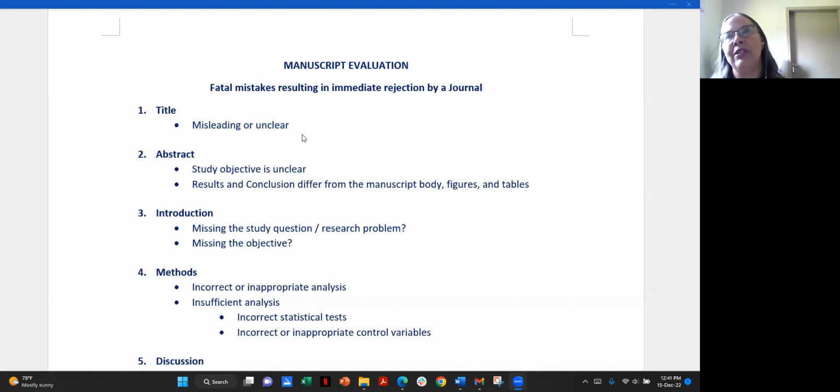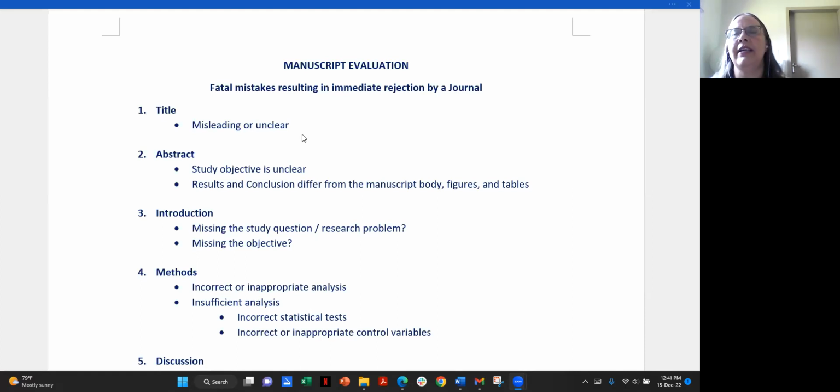Again, with the abstract, you've got to state your study objective in the abstract. If it's not there, or it's unclear, a journal editor will stop reading because they won't understand what you are talking about. Another important part of the abstract is to ensure that your results and your conclusion do not differ from your manuscript body, your figures, or your tables.